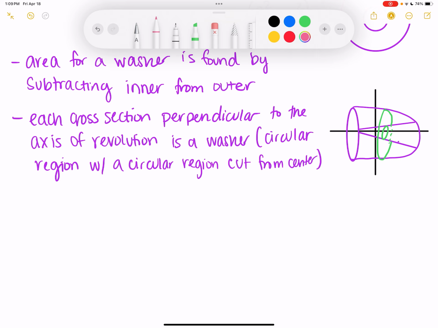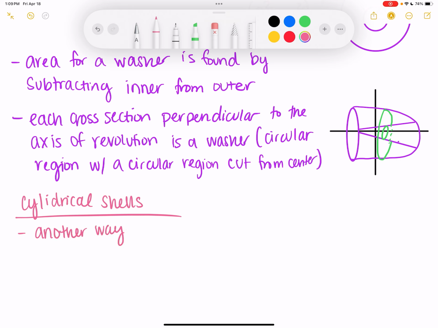Cylindrical shells. Another way to find volumes of solids of rotation.